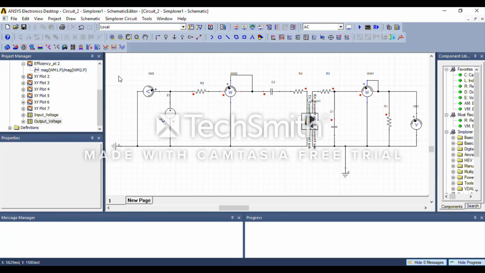Also there are some voltmeters connected at some points which represent the voltages appearing at those terminals. ANSYS Maxwell only takes into consideration the magnetostatic properties.